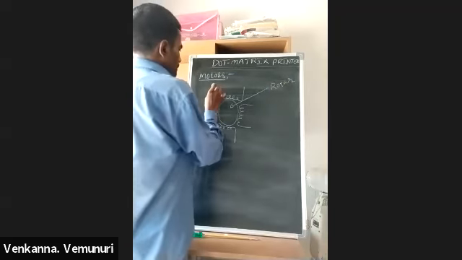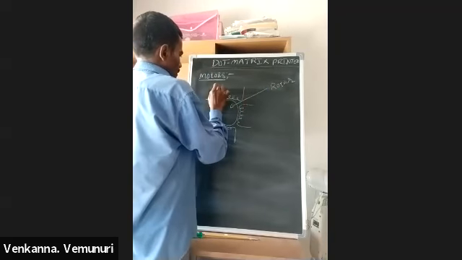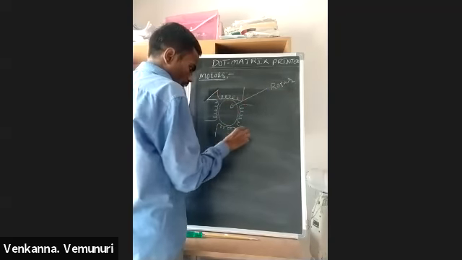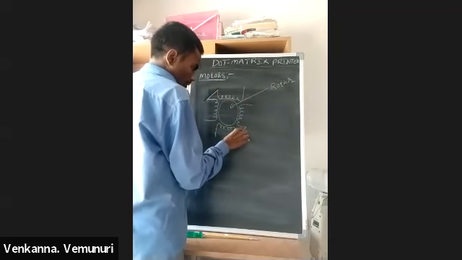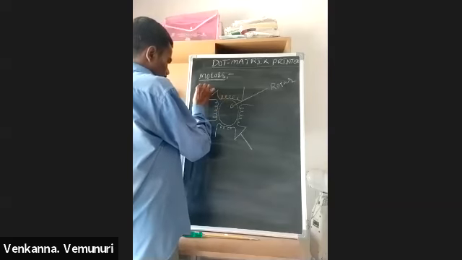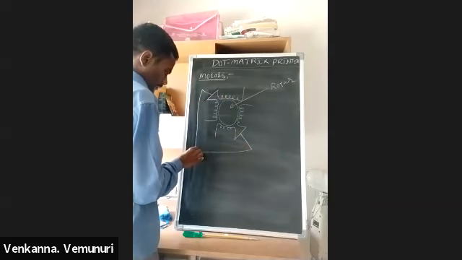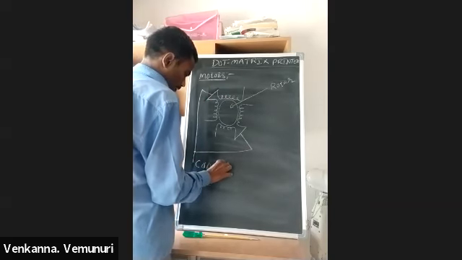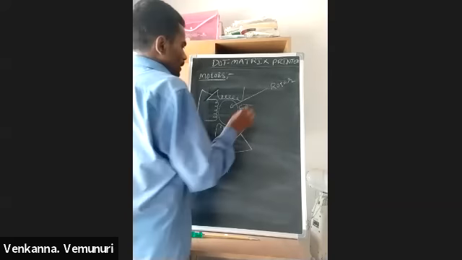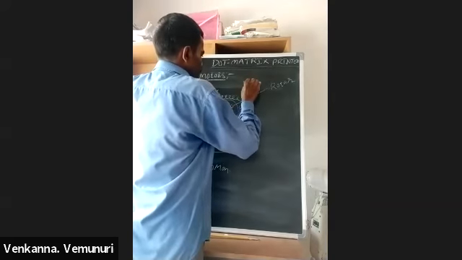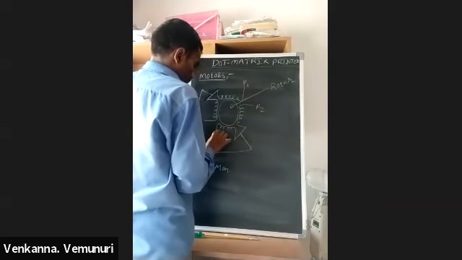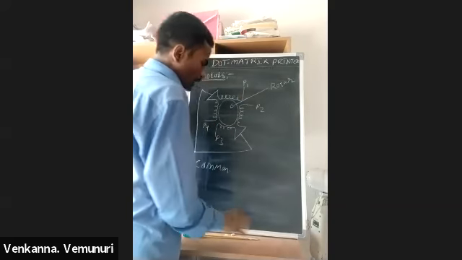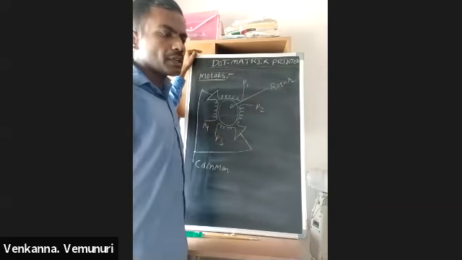Now here we are applying power supply P1, P2, P3, P4. This stepper motor has 4 windings. We do not give DC voltage to all windings at a time.